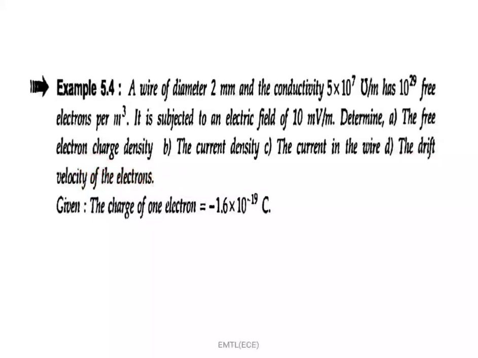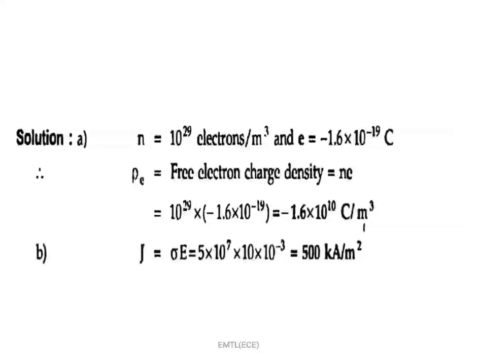So in this problem we have to take the charge of an electron as minus 1.6 into 10 power minus 19 coulombs. So the expression for the charge density is n into e. Here n is the number of electrons and e is the charge.